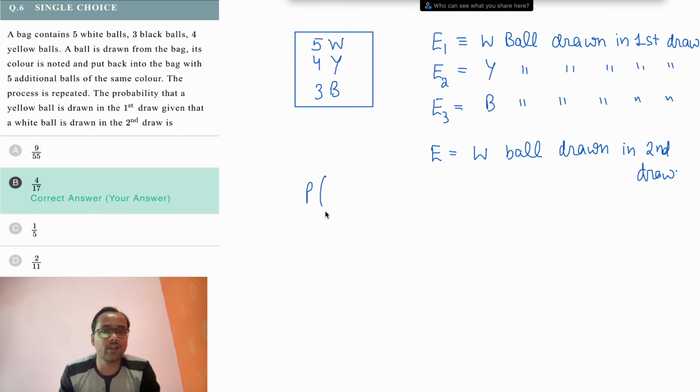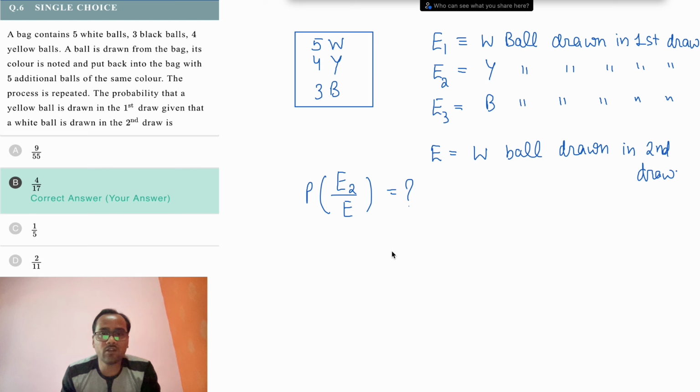We are asked to find the probability of yellow ball drawn in the first draw, that means probability of E2, given that a white ball is drawn in the second draw. That means we want the probability of E2 given that E has happened. So that's a Bayes theorem question. Reverse probability we want.